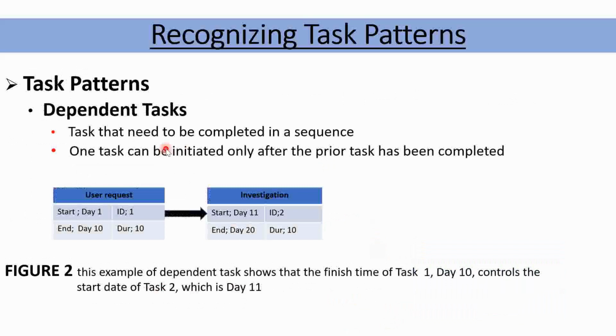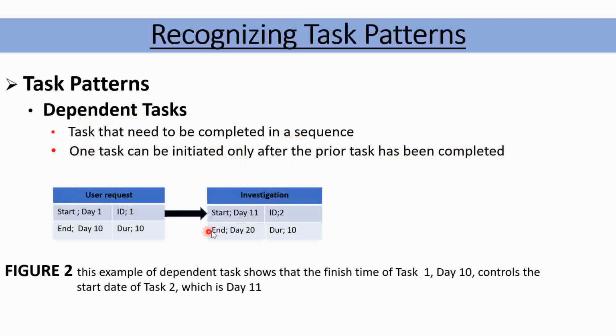Right. Now, as I said, there are 3 types. The first one is dependent task. These are tasks that need to be completed in a sequence, in an order, like from A to B, from top to bottom, right? A task can be initiated only after the priority task has been completed.